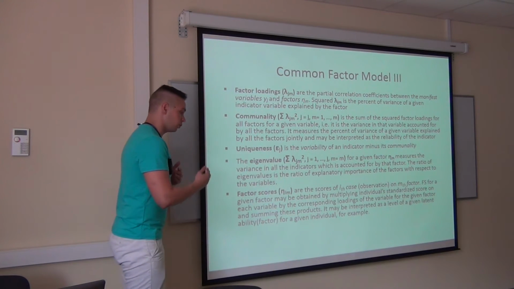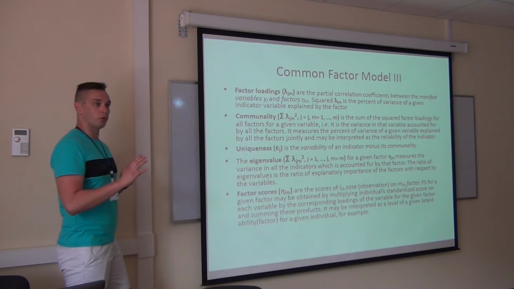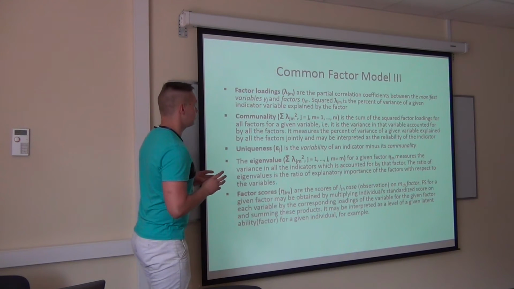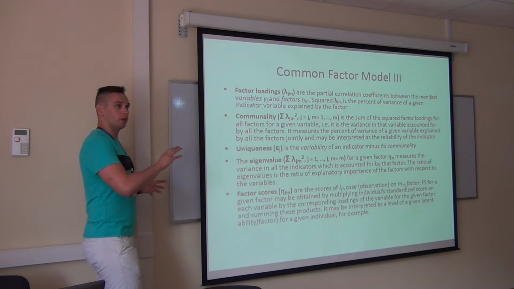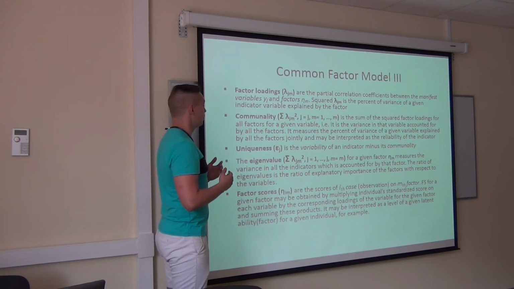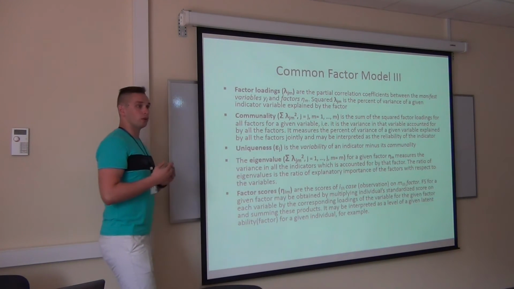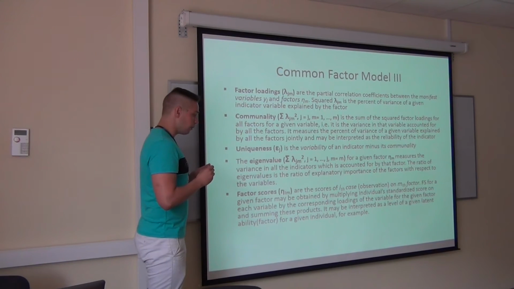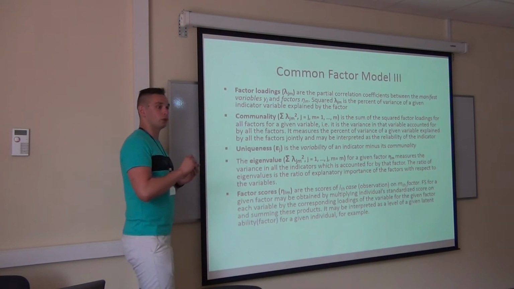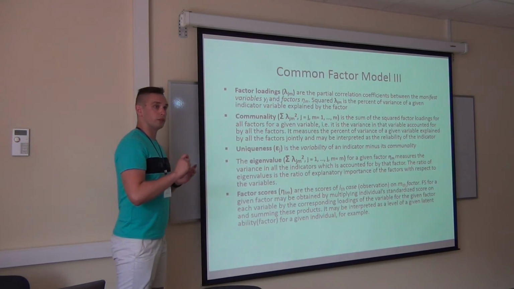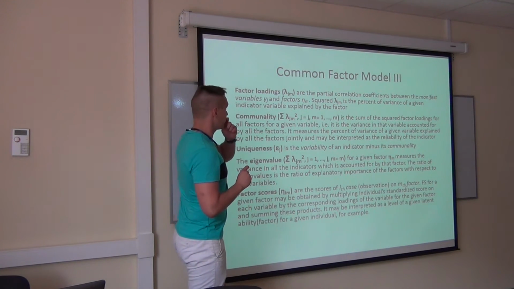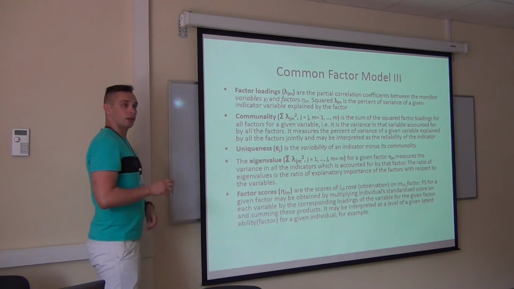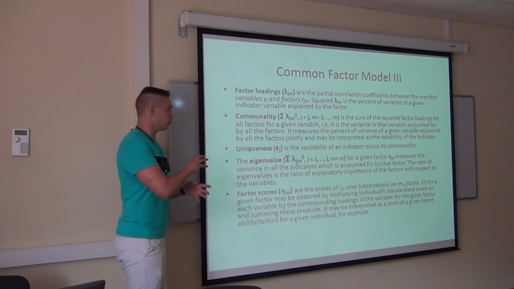It can also be understood as a counterpart of R squared, and in the context of the general factor model, maybe it's a better approximation of R squared than squared factor loading, but because we will deal mostly with confirmatory factor analysis, which implies that one indicator can be related only to one latent variable, both these quantities, I mean squared factor loading and the sum of squared factor loadings for all latent variables, can be used as an approximation for R squared for observed indicators.